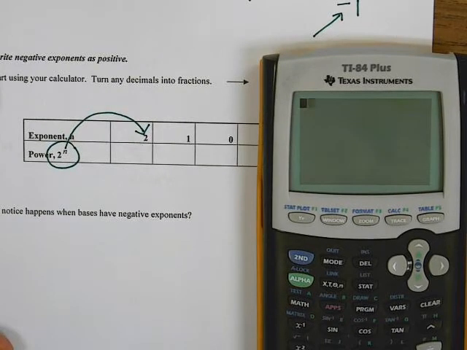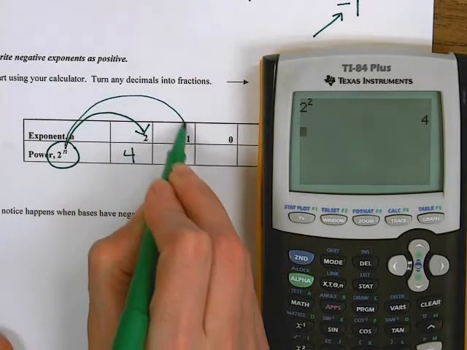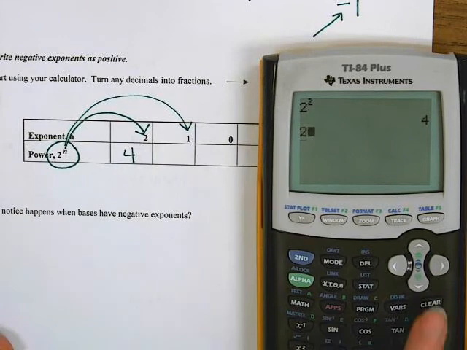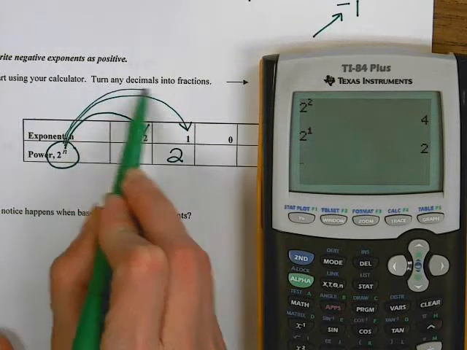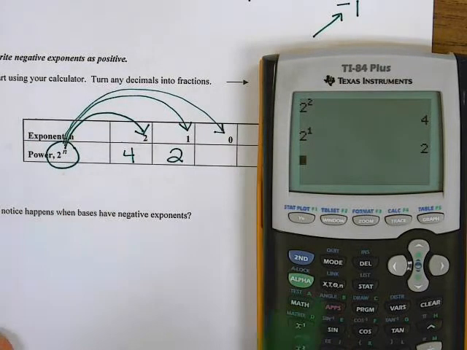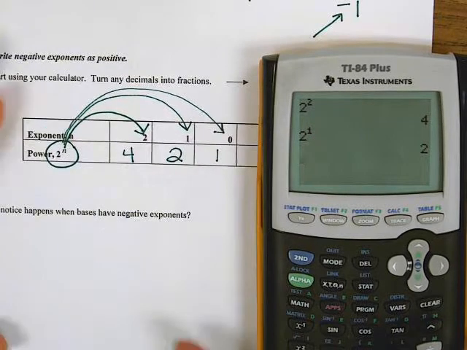Okay, 2 to the second power is 4. And then here, do 2 to the first power. 2 to the first power is 2. And let's just keep going. This one, what's 2 to the zero power? Well, we don't have to do it because anything to the zero power we know is just 1.